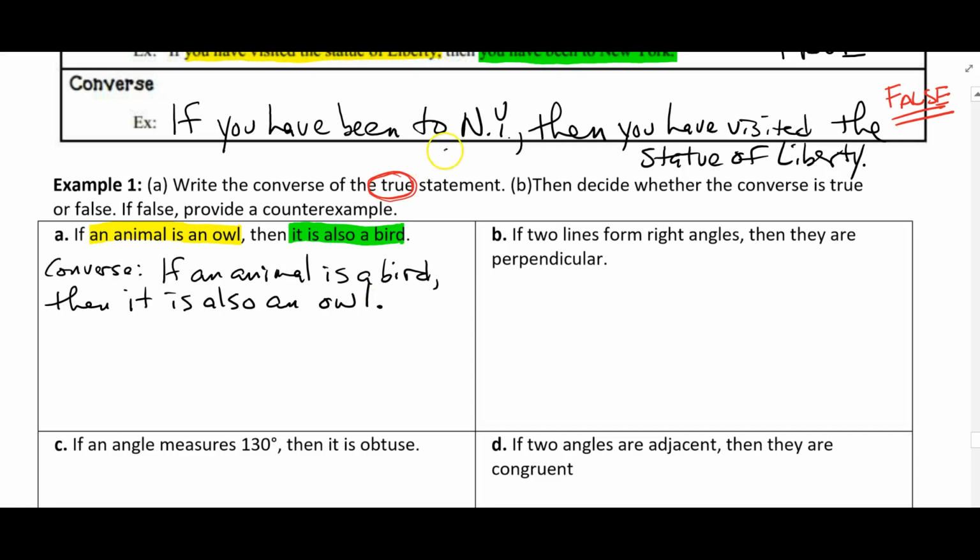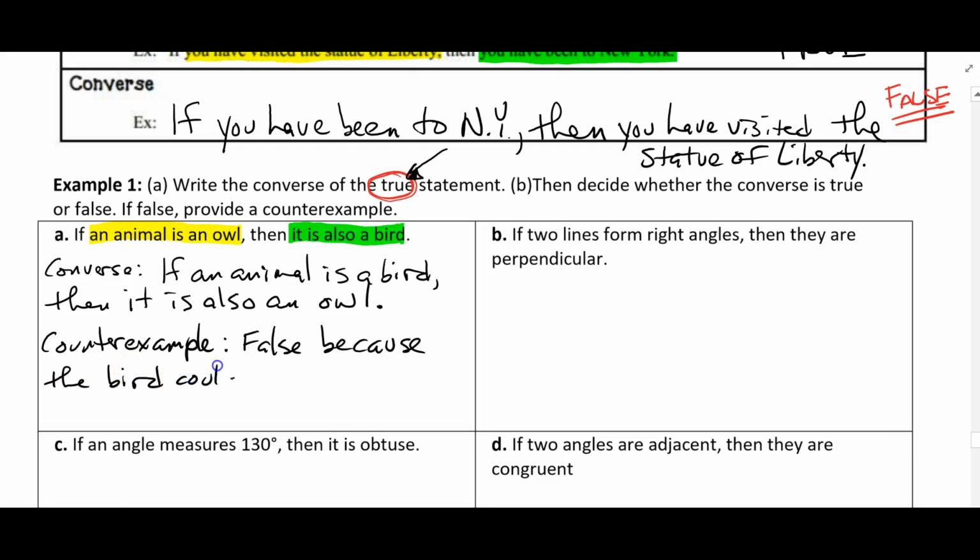They're telling us the original statement is true. Now we have to decide if the converse is true. If an animal is a bird, then it is also an owl. The statement would imply that all birds are owls, and we know that they are not. So our counterexample could simply be something like: false, because the bird could be a cardinal.